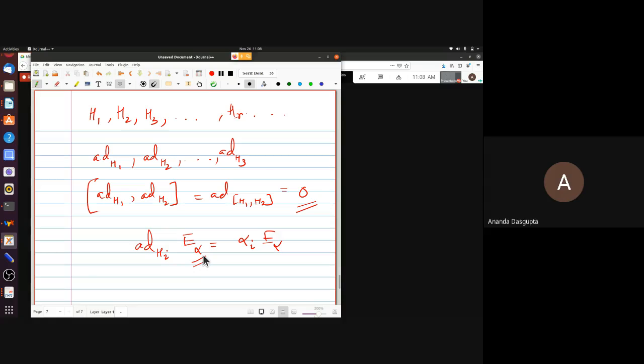Or if you just go back to the commutator language, you have this. And what this says is that the operator E alpha acting on an eigenstate of the H_i's, by the way, H_i's commuting among themselves means if you look at any representation of the Lie algebra, H_i will be given by matrices which commute among themselves.